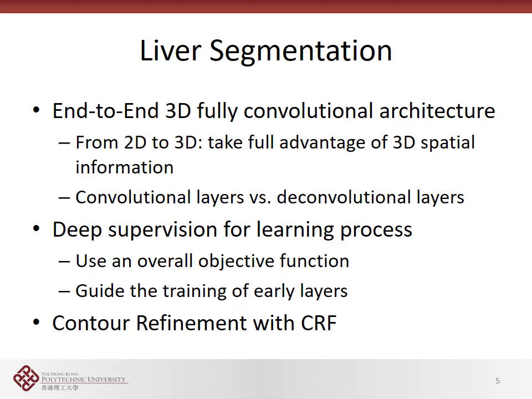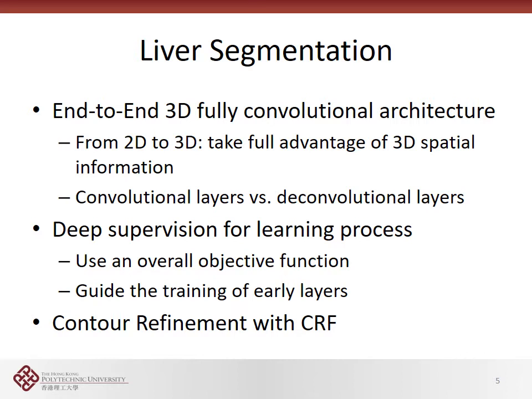So before our work, most FCN architectures were 2D neural networks, but we propose a 3D fully convolutional architecture to deal with the liver segmentation task from 3D CT images. Compared with a 2D network, the 3D network can take full advantage of 3D spatial information to achieve more accurate segmentation results. In addition, as mentioned, we develop a lot of deconvolutional layers to upsample the feature maps by interpolation to achieve pixel-level segmentation results.